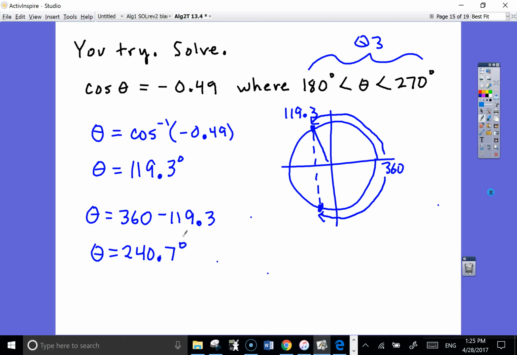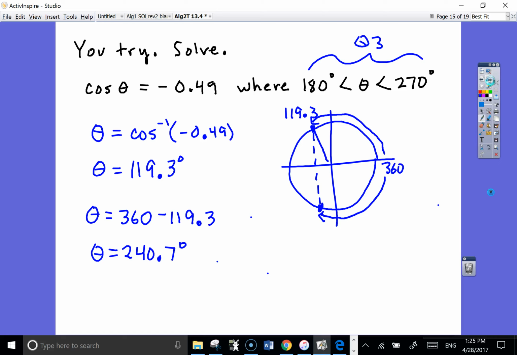Again, I'm going to check it. Cosine of 240.7 is negative 0.49. So that's good. All right, so that's sine and cosine.